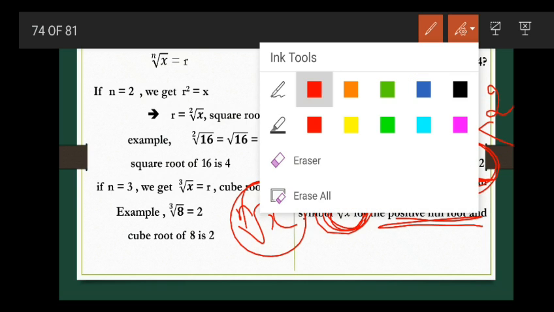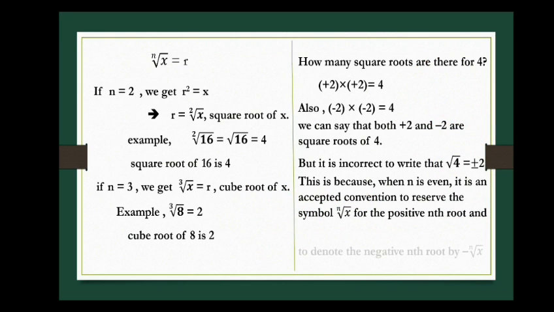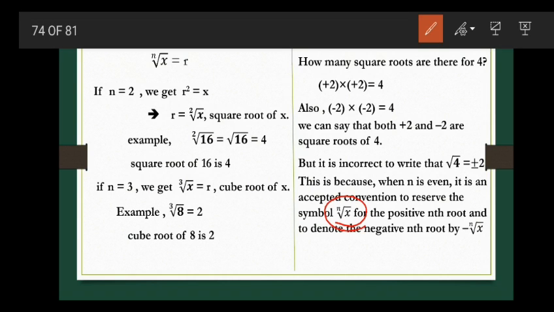And the symbol for the negative nth root is minus the nth root of x. So the symbol for the positive nth root is the nth root of x, and the symbol for the negative nth root is minus the nth root of x.